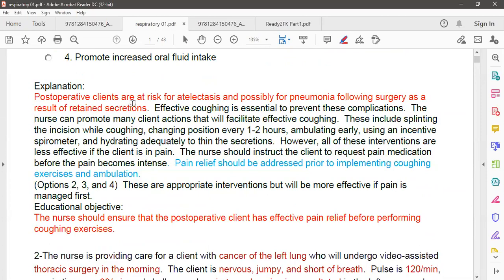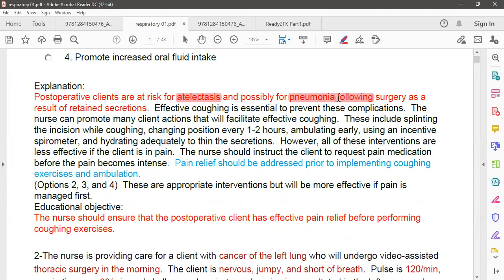Postoperative clients are at risk of developing atelectasis and possibly pneumonia. Atelectasis means partial or complete collapse of the lung, and pneumonia means inflammation or infection in the lungs.